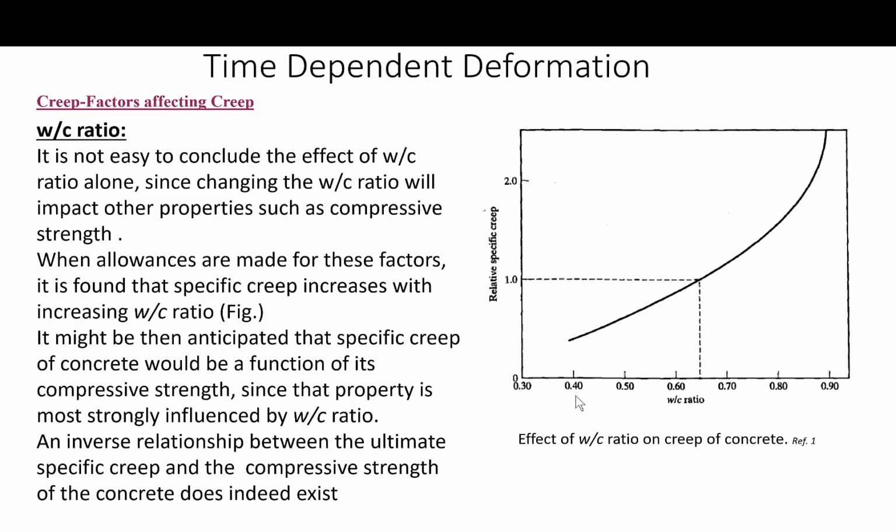Okay, the water cement ratio. A study of the literature provides conflicting data concerning the effect of the water cement ratio on creep. This illustrates nicely the difficulties of interpreting creep data, since it is not possible to change one parameter independently of others. A change in the water cement ratio of concrete means a change in cement content and the concrete strength automatically.